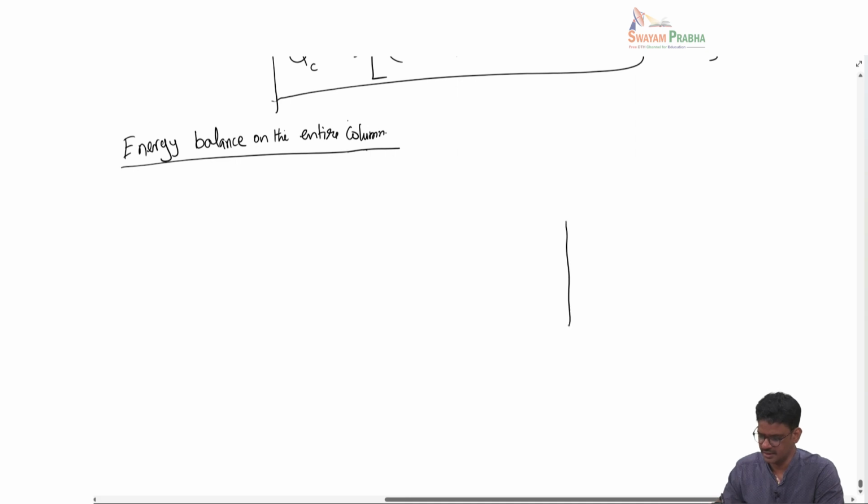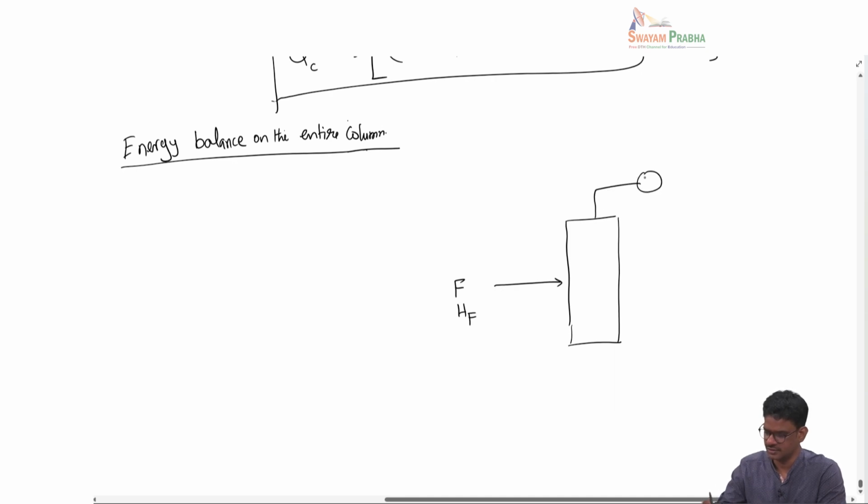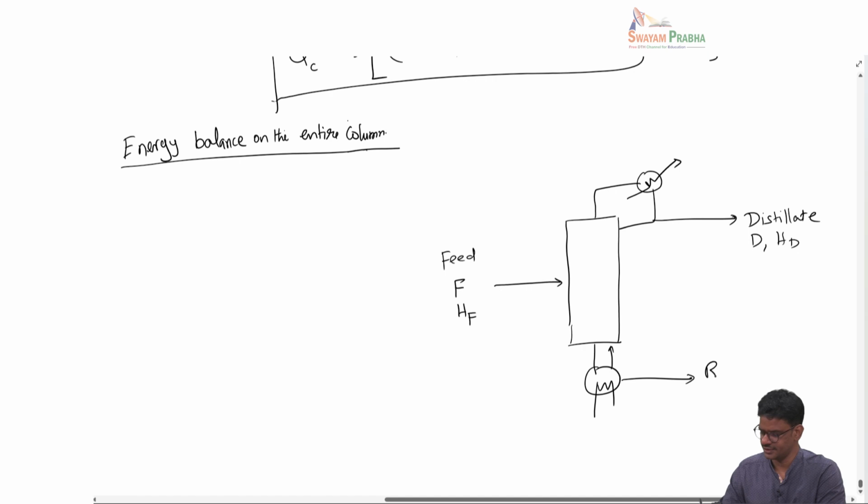So schematically, I will redraw here again. So feed is coming with F and HF, and you have got the condenser and the distillate. So you have a reboiler here and residue here.